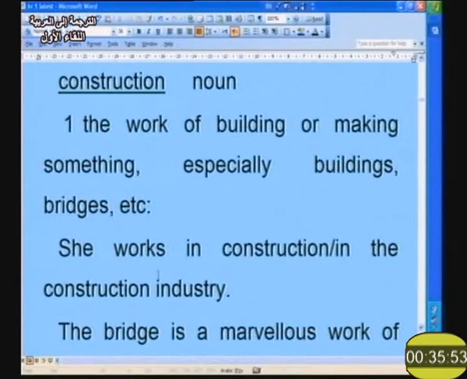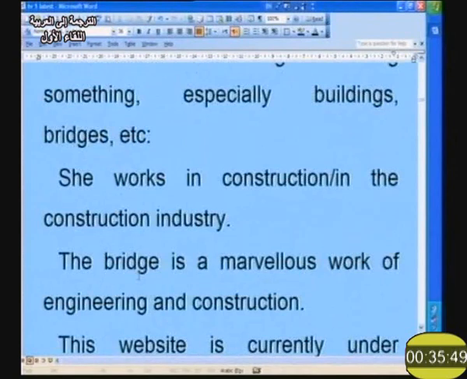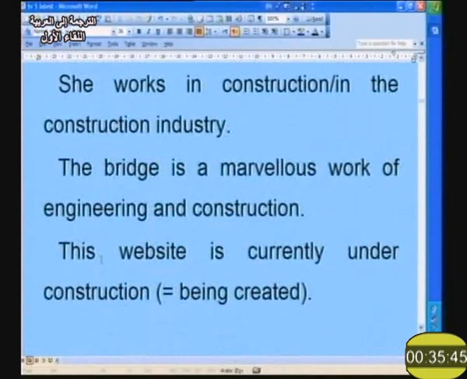She works in construction or in the construction industry or company. The bridge is a marvelous work of engineering and construction. The website is currently under construction, تحت الإنشاء. Construction تعني تعمير أو الإنشاء.